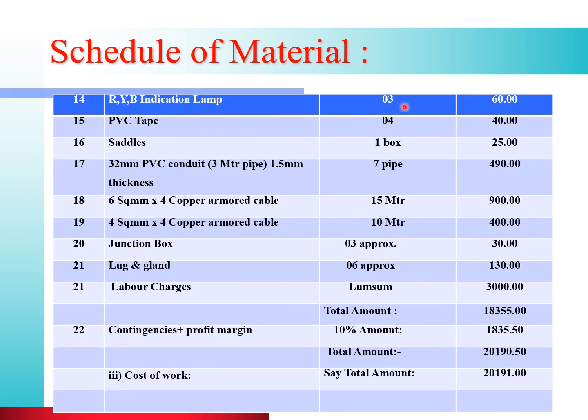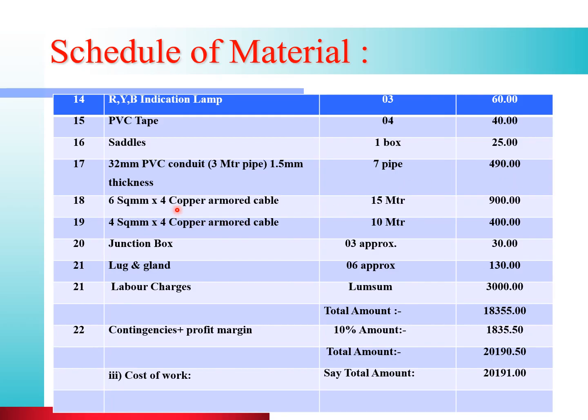Then RYB indication lamp, 3 number is required. Then PVC tape, saddles, PVC conduit pipe for carrying out this wiring, 7 number of pipes is required. Approximate cost is 490 rupees.